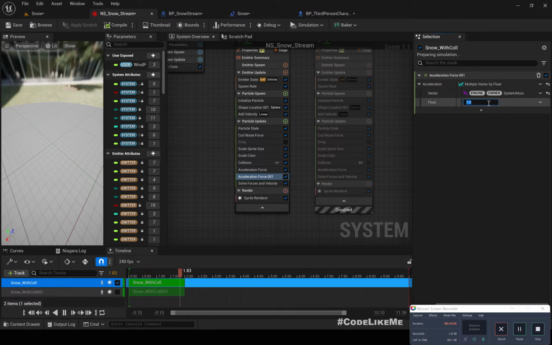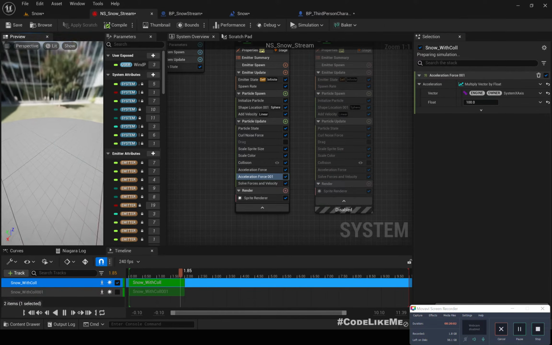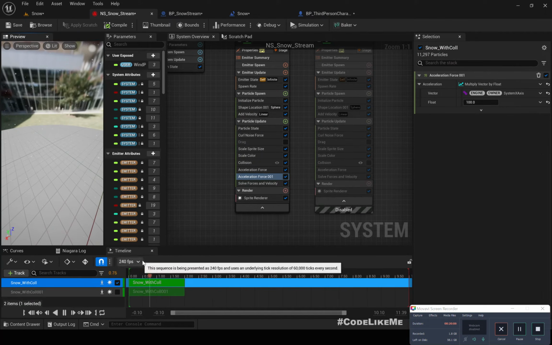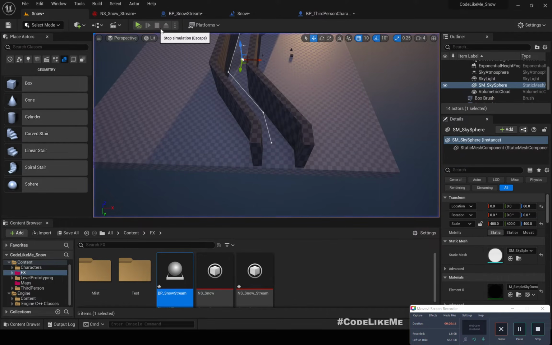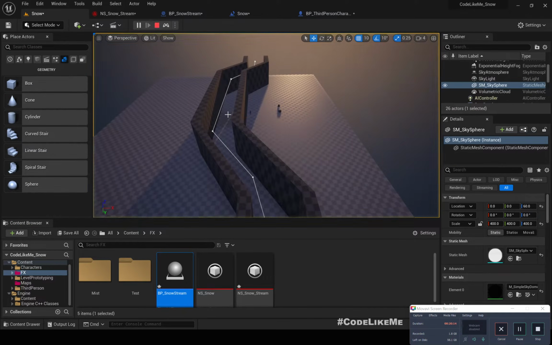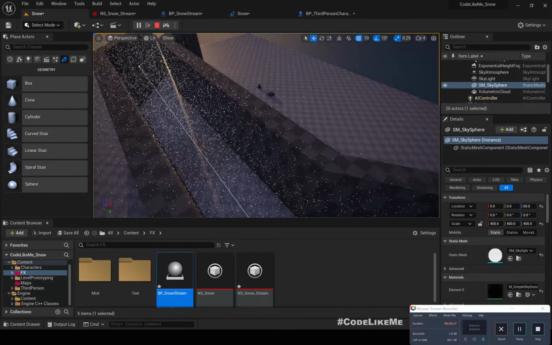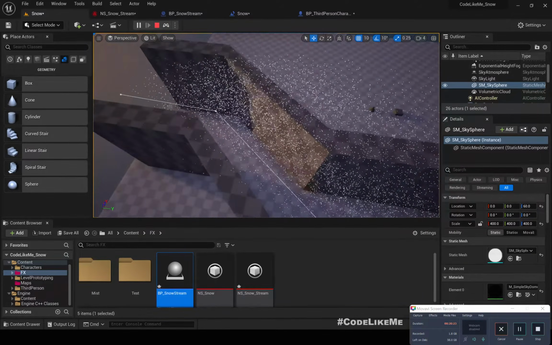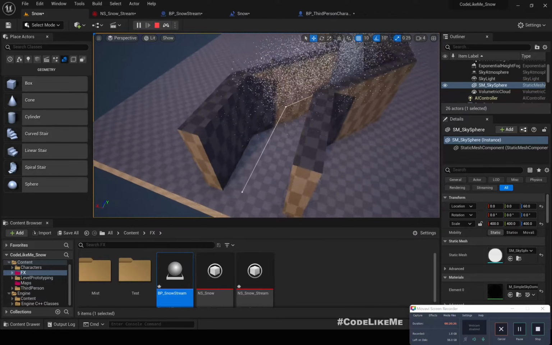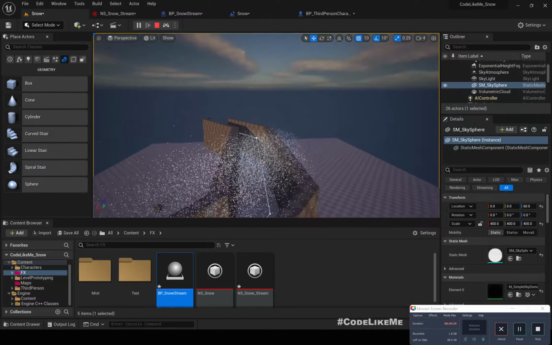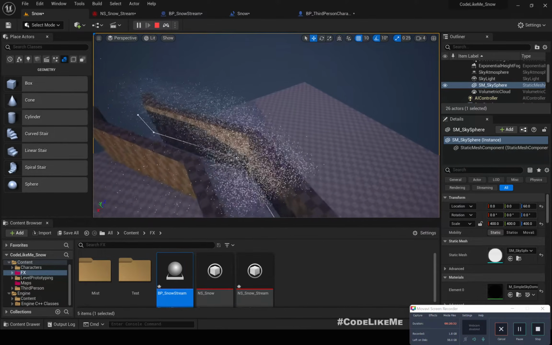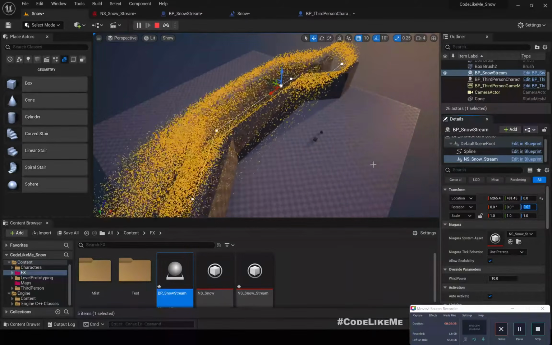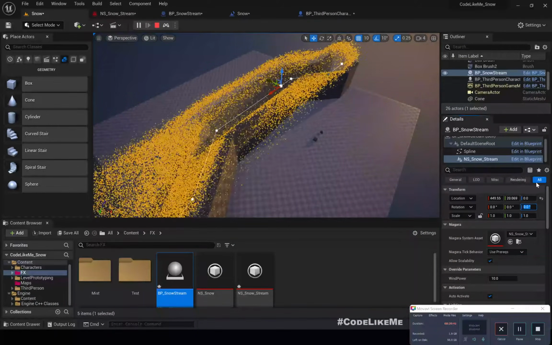Otherwise we can't change the power. Okay, it's always that way. So here the owner x-axis means the emitter's forward direction.